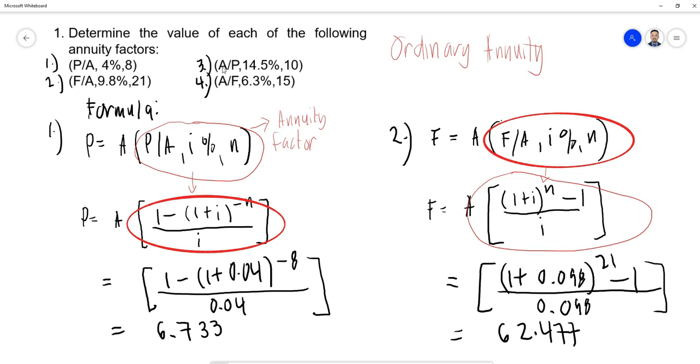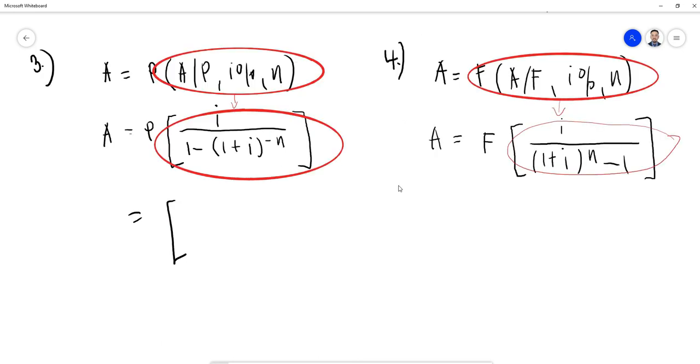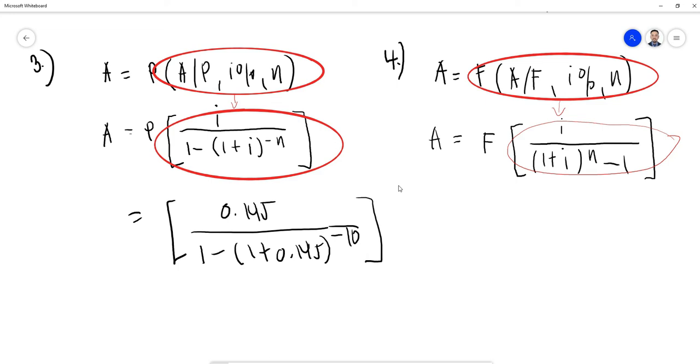Next, for number 3, I is 14.5% or 0.145 over 1 minus 1 plus 0.145 raised to the negative 10. We will get 0.195.